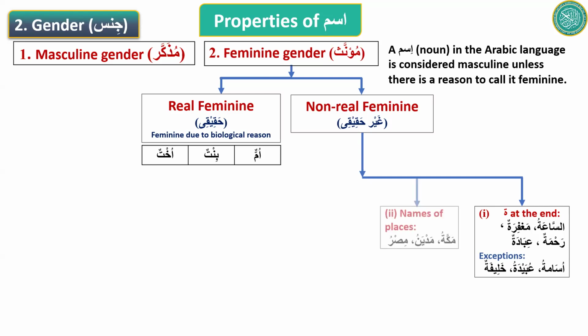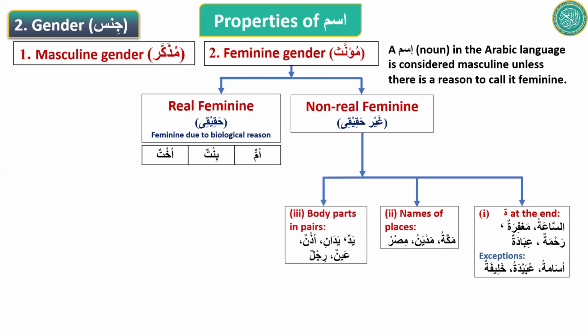And names of places are feminine. Body parts in pairs, like two hands, two ears, two eyes, two feet, are all feminine.